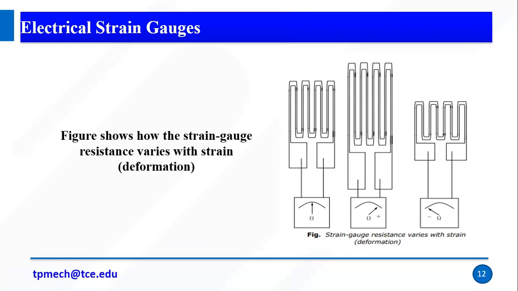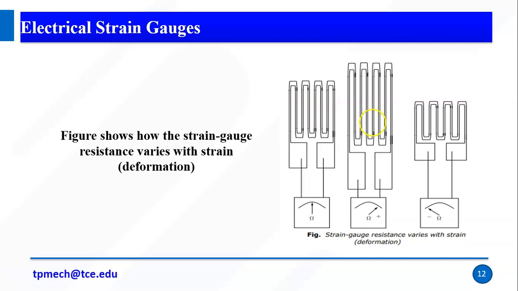This figure shows how the strain gauge resistance varies with the strain. For example, the first figure: assume that it shows the value 0, so the electrical resistance value is 0. This is the strip or electrical strain gauge strip. We bond it to the object on which we are going to measure strain.